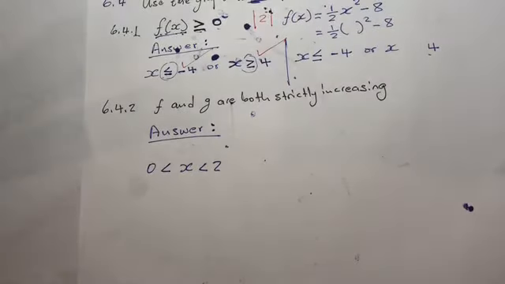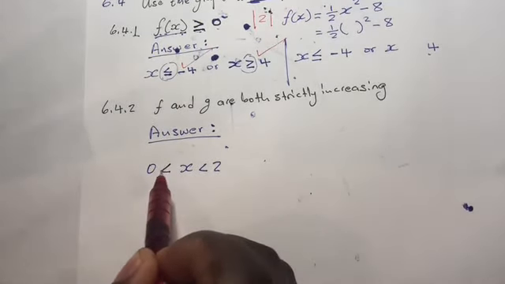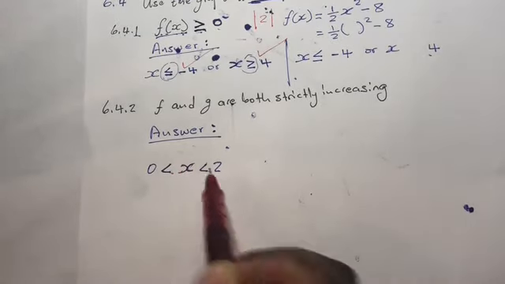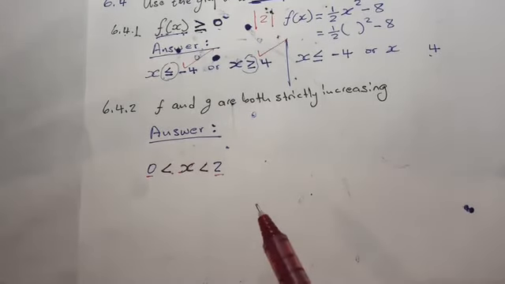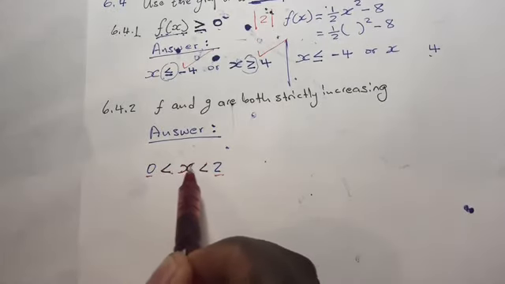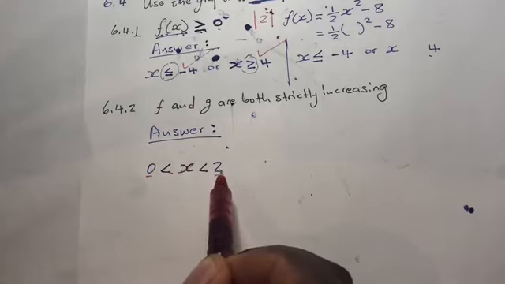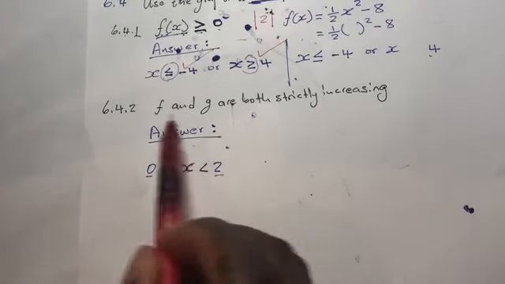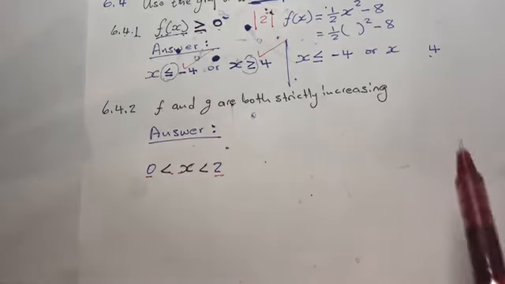That's why we've got our answer as this, where you have less than, x, less than. It simply means between these 2 points. So 0 is less than x, and x is less than 2, which simply means between 0 and 2. That's where the graphs of f and g are both strictly increasing.